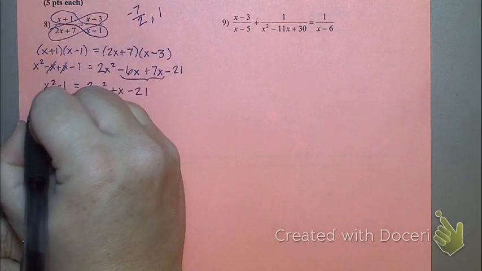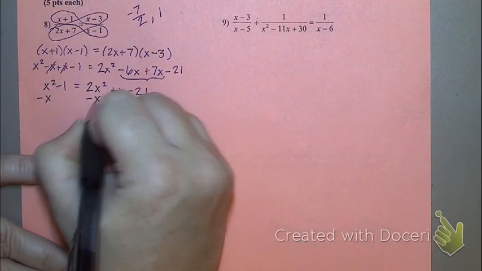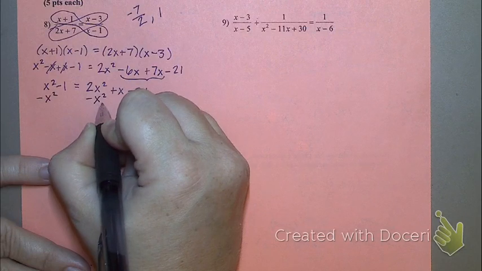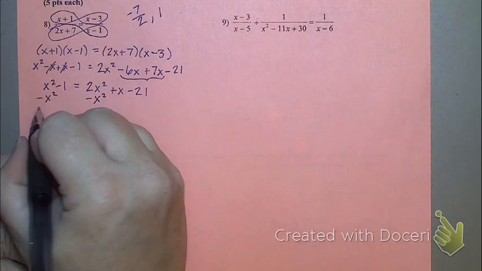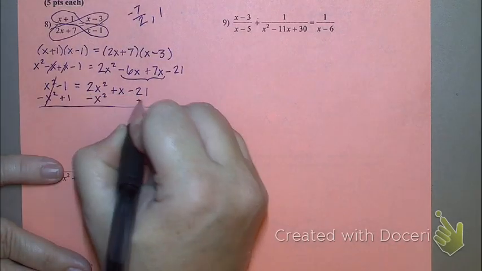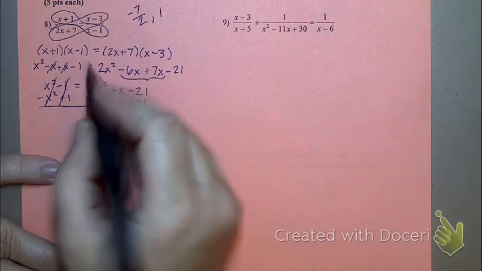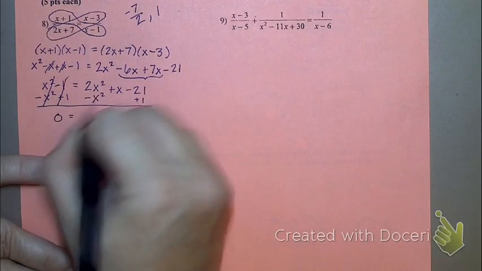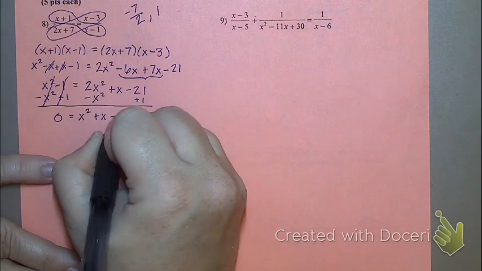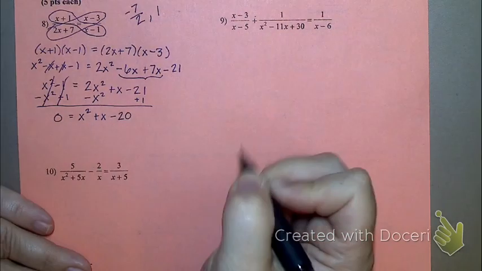So I'm going to move the x squared because I'm still going to end up with a positive a value. Do you see that? Good answer. I'm also going to go ahead and add 1 in this same step, if that's okay with you. So I have 0 equals x squared plus x minus 20.